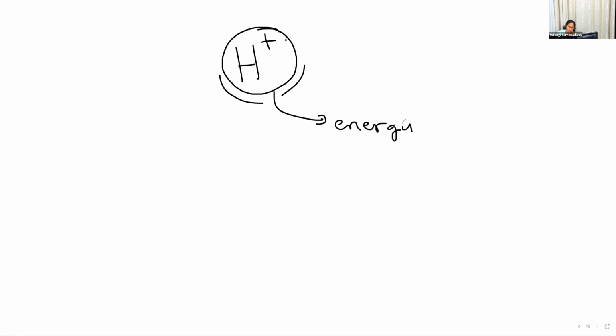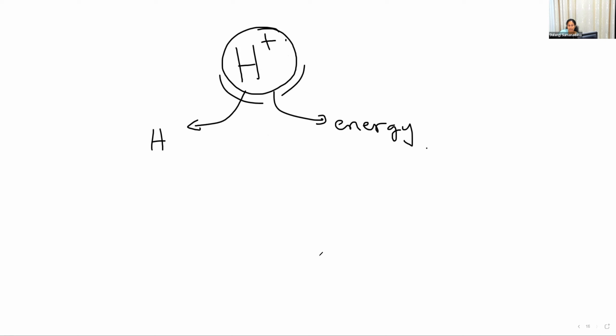But remember I said this is a very complex process. I'm just making it simple. If I say this is a high energy proton, let's assume a high energy proton has an energy component. And if I remove the energy part from the H+, I will end up with normal hydrogen.